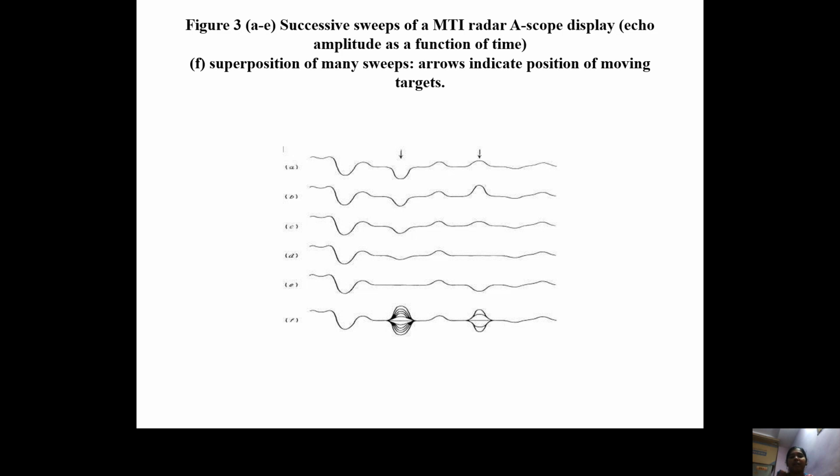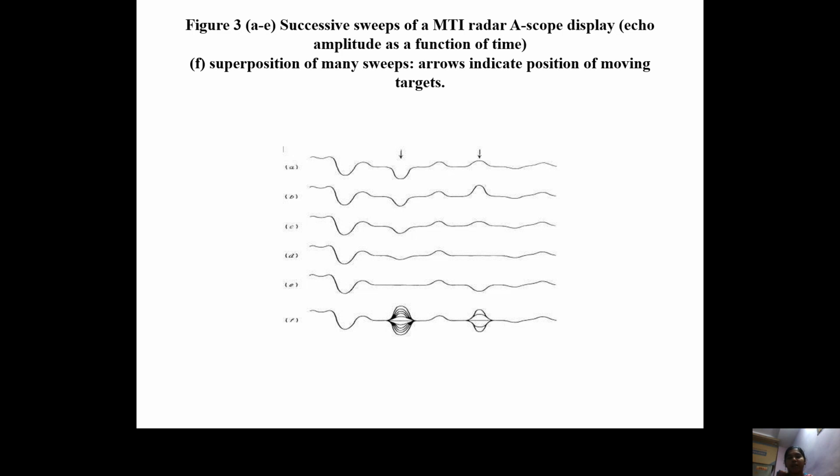But if you see the arrows, these are superimposing on one another. Their amplitude is slightly increasing or decreasing. They are traveling like variable voltages, so they will not maintain a certain voltage.